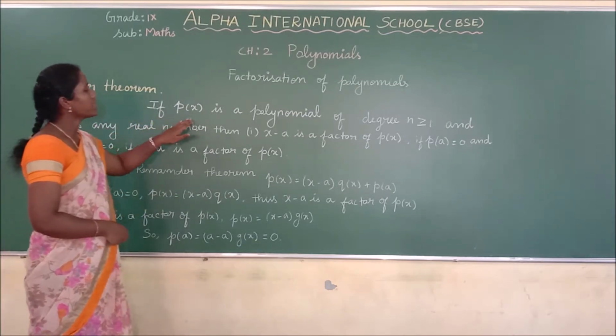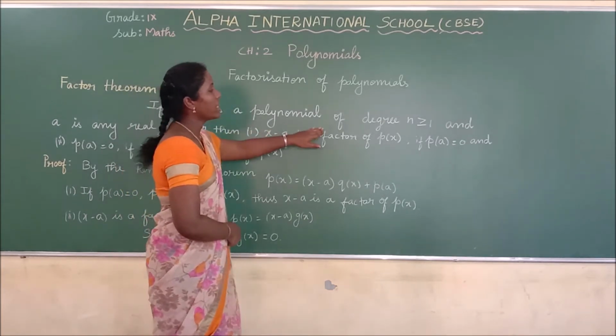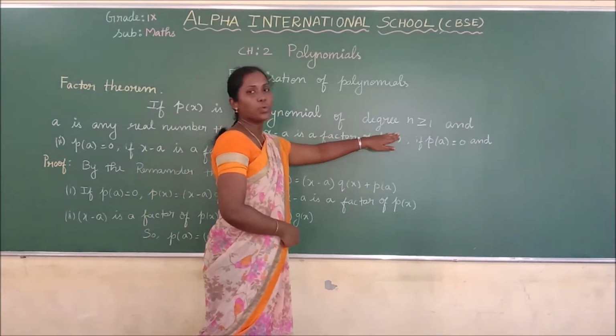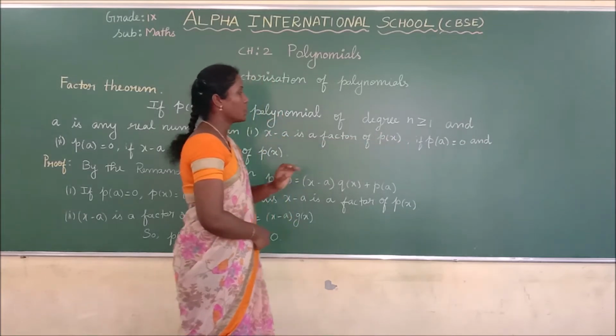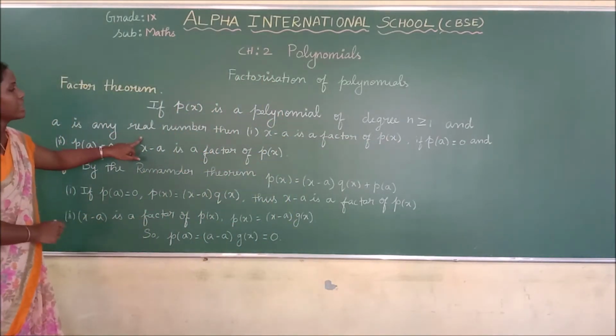If p of x is any polynomial of degree greater than or equal to 1, and a is any real number, there are two cases.